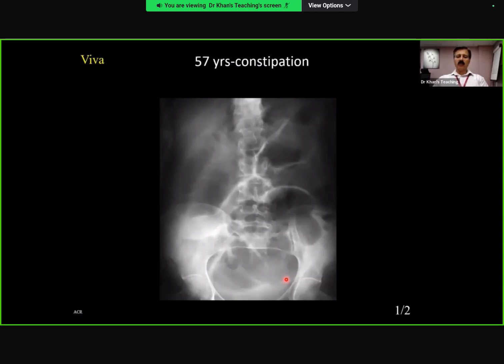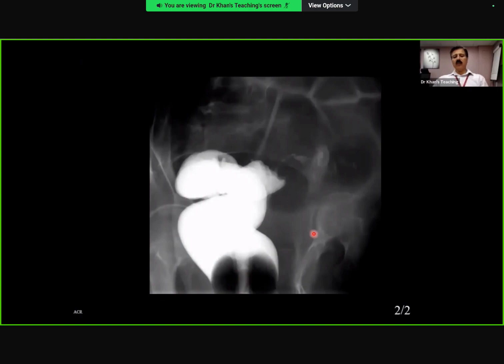So remember, it's a very important point for your exam. Absent haustral margin is one of the key things in sigmoid volvulus, right? So this is a large bowel loop, but it is something else. So in this case, we did a Gastrografin study. And what is your finding?